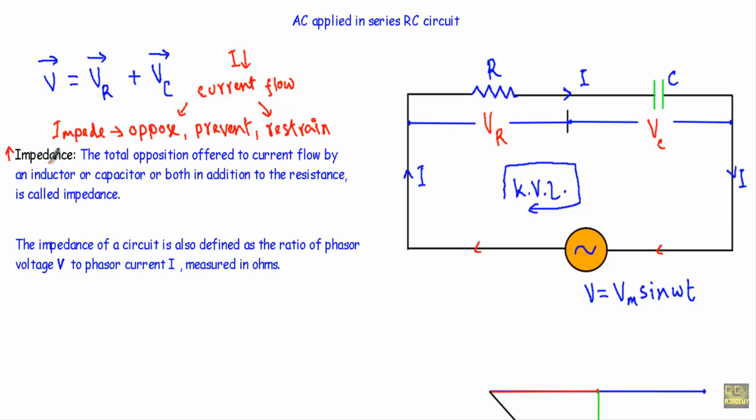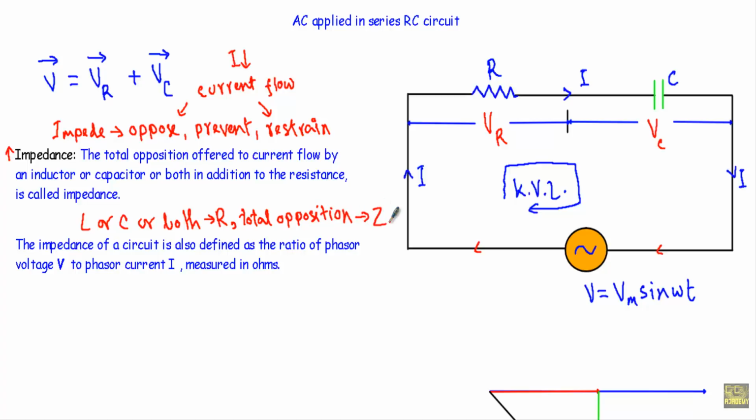Now let me discuss the concept of impedance. When does the word impedance come into existence? If in a circuit we have inductance L or capacitance C or both in addition to resistor R, the total or combined opposition due to the resistance, inductance, capacitance or their combination to current flow will be the impedance of that circuit.